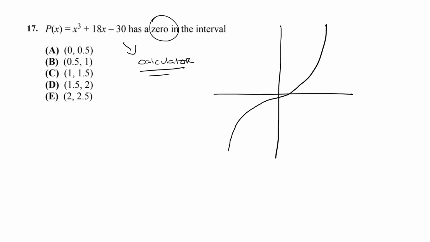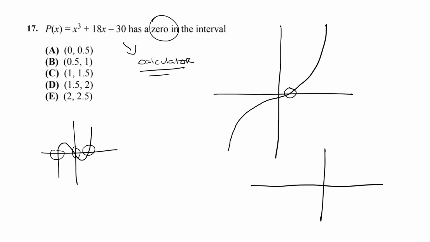There are some cubic functions that might look something like this: 1, 2, 3, crosses it 3 times. But in our case, when we zoom in to the relevant area, it looks like there's only one place that it crosses the axis. And when I zoom in, it is indeed just at one place.